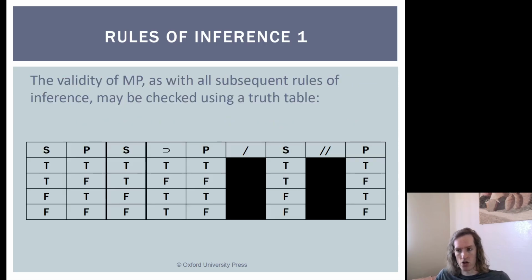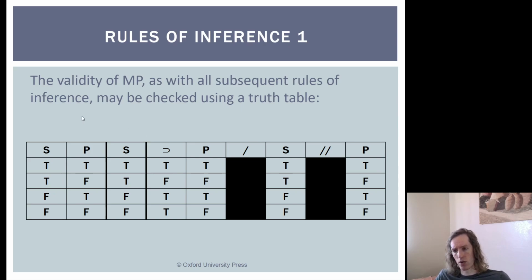And you can check the validity of modus ponens or any of the rules of inference or rules of equivalence by just going and putting everything in a truth table. If you're curious, you can reveal the structure to yourself in this way. With some of the rules of equivalence, it might be helpful to do this to think through how things are equivalent, especially in cases where it's not obvious.